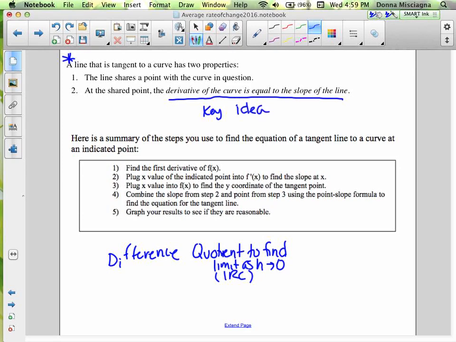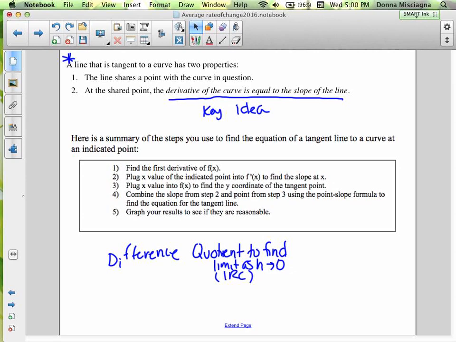So we had the key idea that as that difference goes to 0 between our points, we have the slope of the line, the slope of the actual function itself. We've now learned how to calculate that instantaneous rate of change by taking a limit, as the difference between those two points goes to 0. And now we have the sentence here: derivative of the curve is equal to the slope of the line. I'm just going to write key idea right now, and then I'm going to explain it a little later.